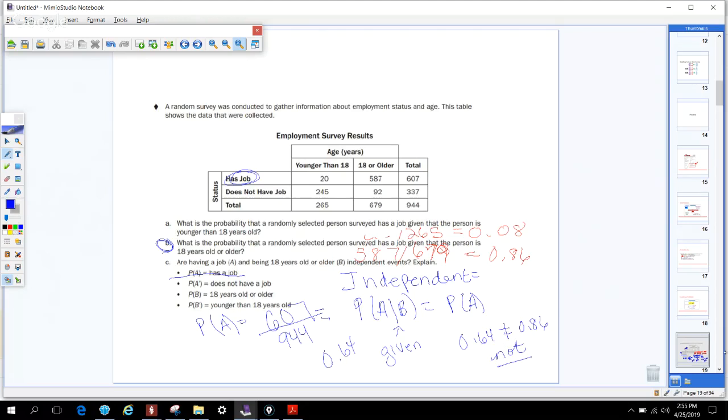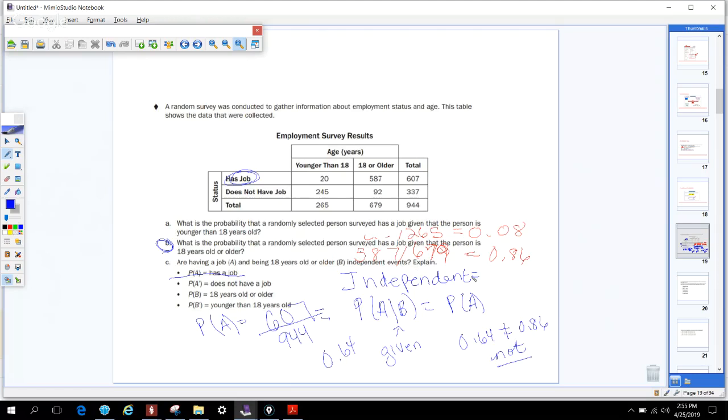Next slide. Oh, hold up. So let me say that again. If we look here, we had already figured out the probability that a person has a job when they're 18 or older. In order for us to do this problem, we had to ask, what's the probability that a person has a job? It doesn't matter how old they are.